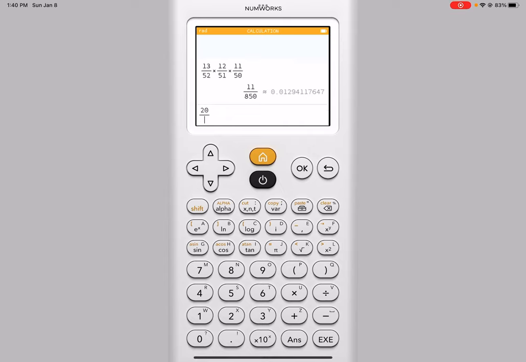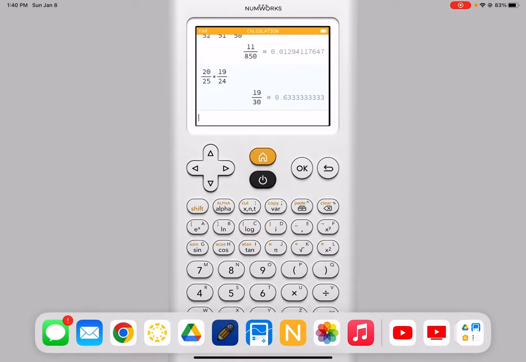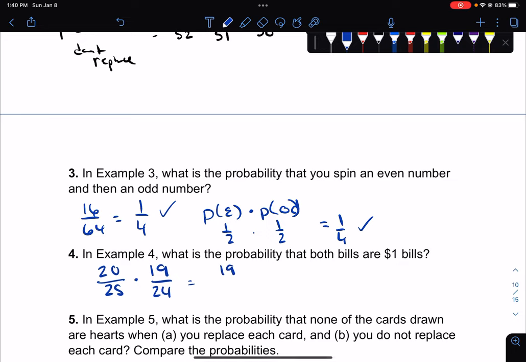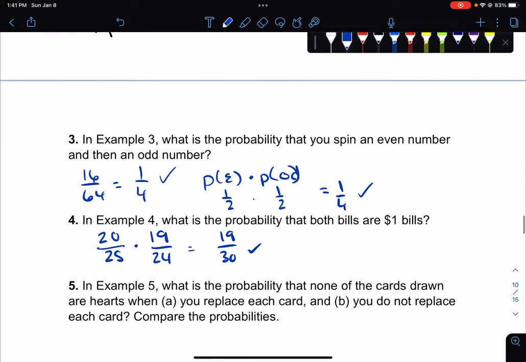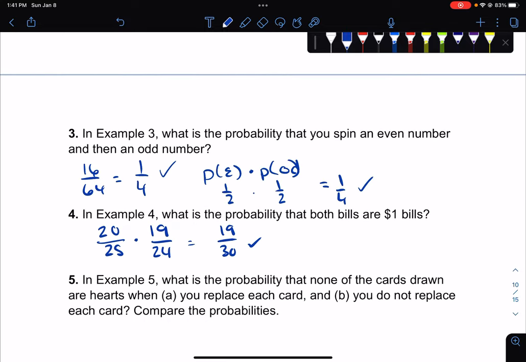Geez, who picked these numbers? That's 19 out of 30. That's not too bad. So 19 out of 30 is the chance of getting 2 $1 bills. The chance of getting 2 $100 bills was a lot less, wasn't it? Yeah, it was only 1 out of 30. 19 out of 30 chances of getting 2 $1 bills, which means you have 10 out of 30 chances of getting one of each. Cool.